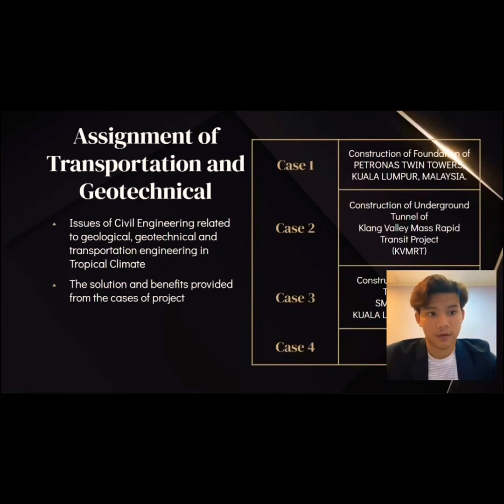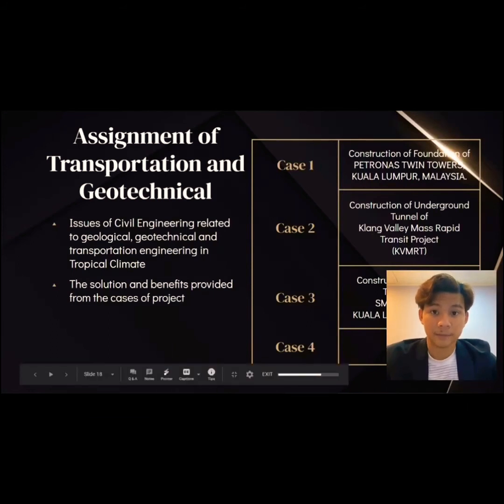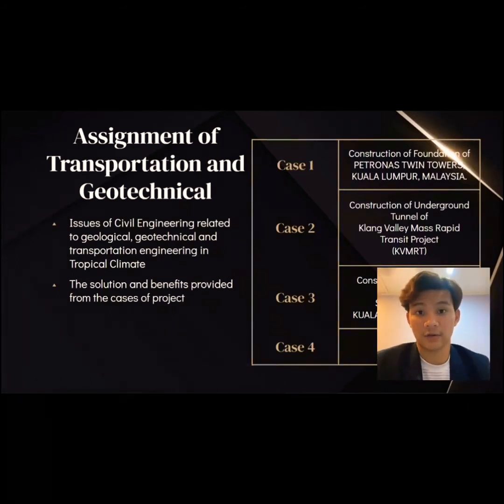And the second one is about construction of underground tunnel, Klang Valley Mass Rapid Transit Project, KVMRT. And case number 3 is construction of the flood and traffic 2-in-1, we can call it smart tunnel, also in Kuala Lumpur, Malaysia. And case number 4 is about LRT 3.